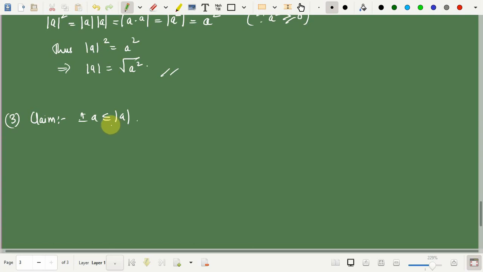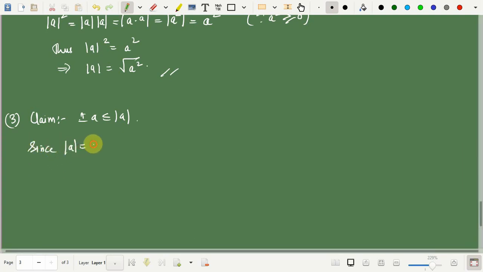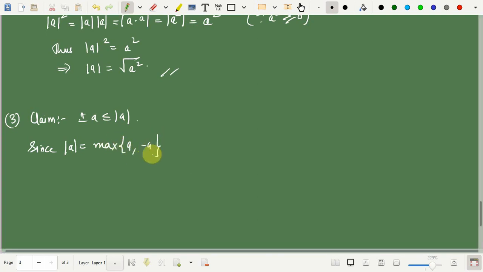Okay, and that again follows from the definition, since mod of a is the same as maximum of a comma minus a. And what's the definition of the maximum of something? Maximum of a comma minus a is the highest term among a and minus a.